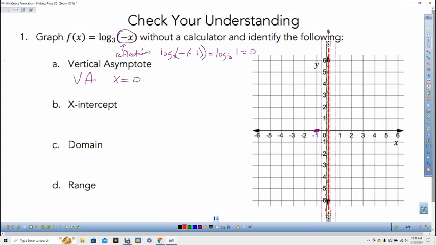And I'll move it over. All right, so there's my vertical asymptote. And remember, we're not going to cross it, and we already have one point that's right here. And then our x-intercept is going to be at (-1, 0).